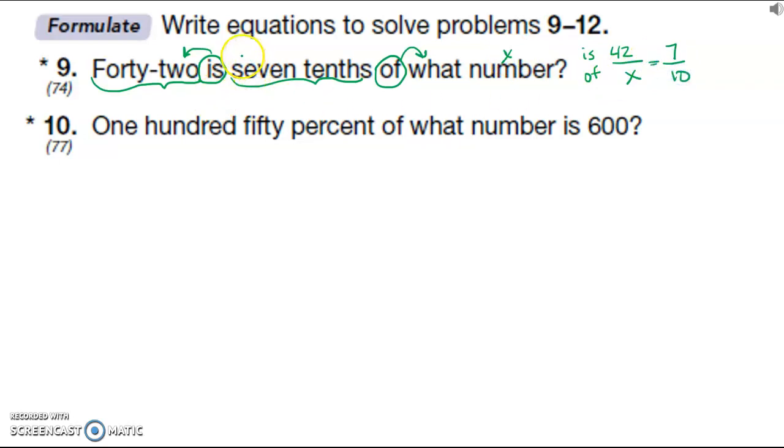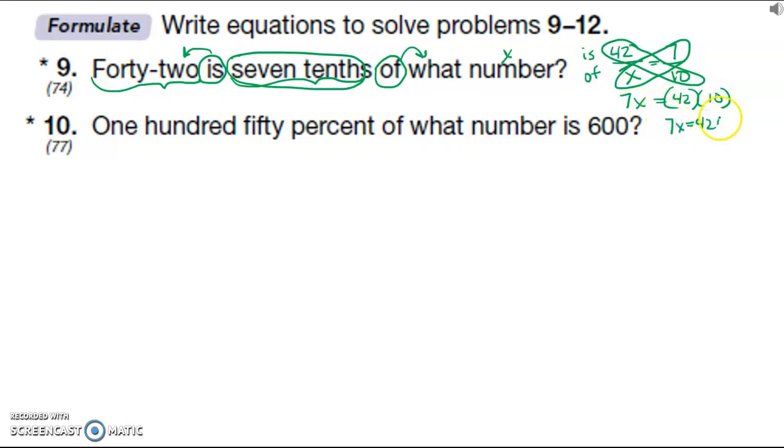So you can see when I have a fraction, I just plug that in. Then we're going to cross multiply here. We have 7x is equal to 42 times 10. 7x is equal to 420, divided by 7. x is equal to 60.